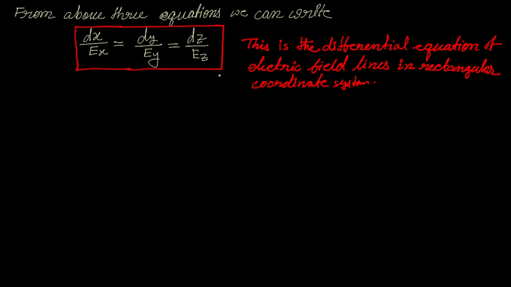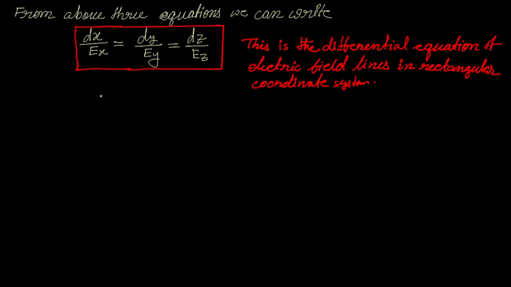Sometimes the examiner gives us the electric field in terms of spherical polar coordinates, and asks what the differential equation of electric field lines is in spherical polar or cylindrical coordinate system, or they can also ask for the electric field line equation. If we solve this differential equation, we get a relation between x, y, z, and that gives us the equation of the electric field line in rectangular coordinate system.